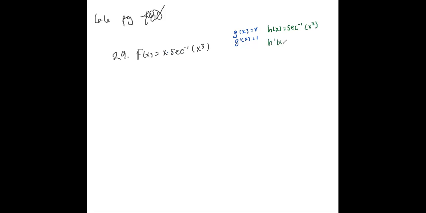H prime is going to be, if we divvy this up into, we'll call it j again, j prime of k of x times k prime, where j of k is equal to the inverse secant of k. What is j prime going to be?